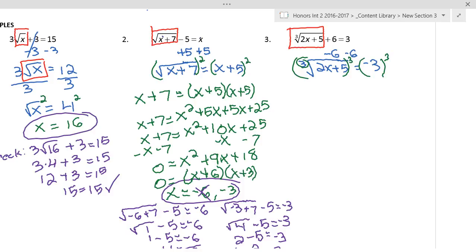So I have 2x plus 5 equals negative 3 to the third. Be careful, I need to type it in my calculator just like this. I need parentheses because it's a negative. So negative 3 in parentheses, then to the third, and you get negative 27.